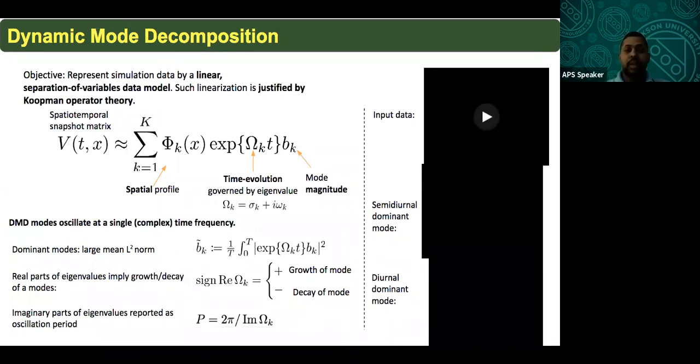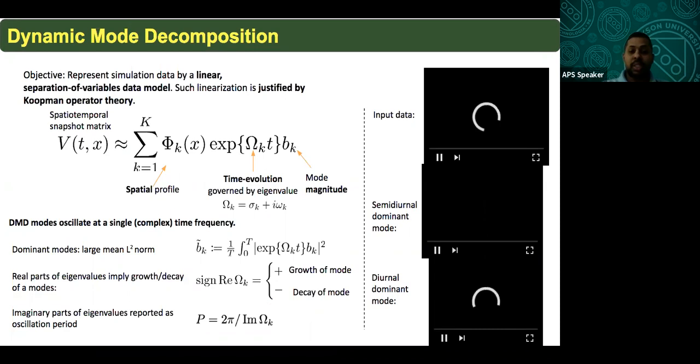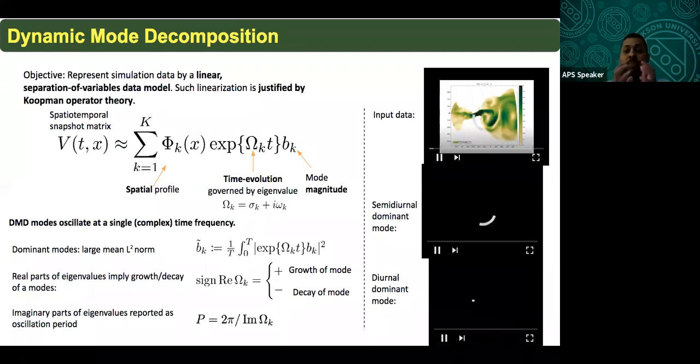It separates the data into a spatial profile and a time profile. A special property here is that DMD modes oscillate at a single time frequency, which means we can isolate a mode by frequency.